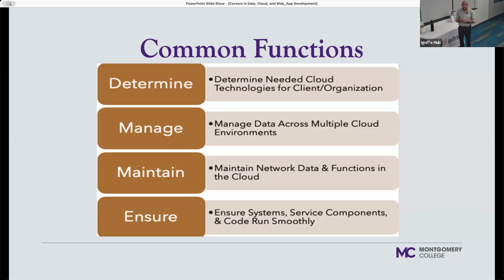We also have to use other data providers, so there's some stuff in AWS. So you have data within your network, data in AWS, and data in Azure at Microsoft. You have to manage the data across multiple cloud environments.